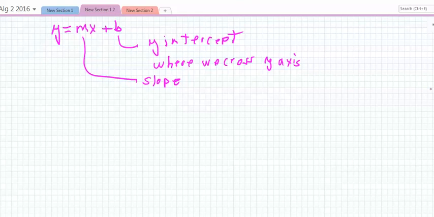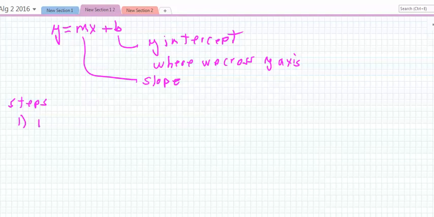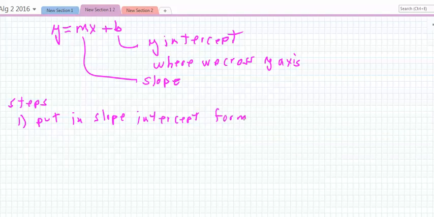So your first job, steps. 1, put in slope-intercept form. 2, locate y-intercept.